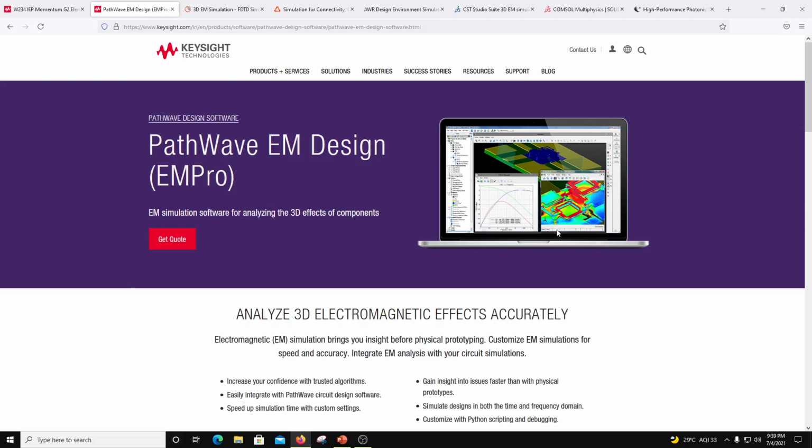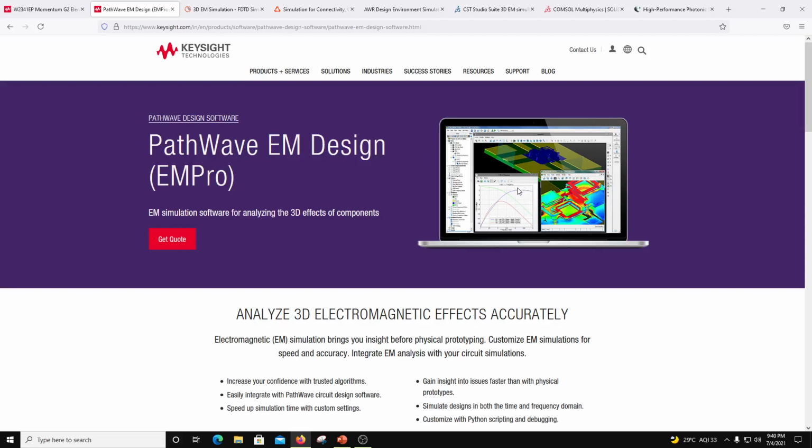So EMPro allows you to do the finite volume method, where you draw the geometry and you put the excitation, which is the ports, right, and then you mesh the geometry, and that meshing is in the form of tetrahedral cells, and the E and H are defined at the vertices and the mid of the edges, and everywhere else it is going to be an approximation.